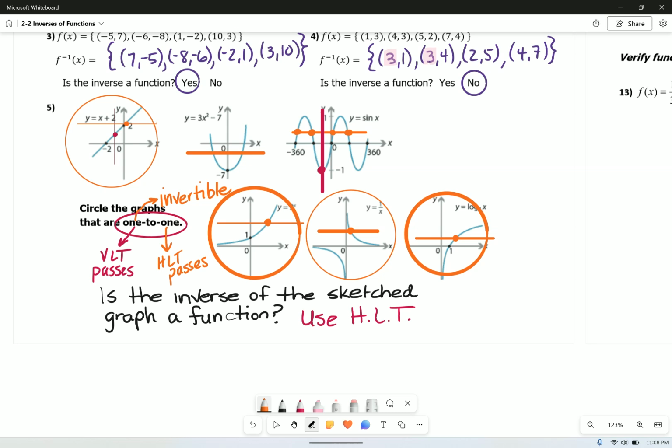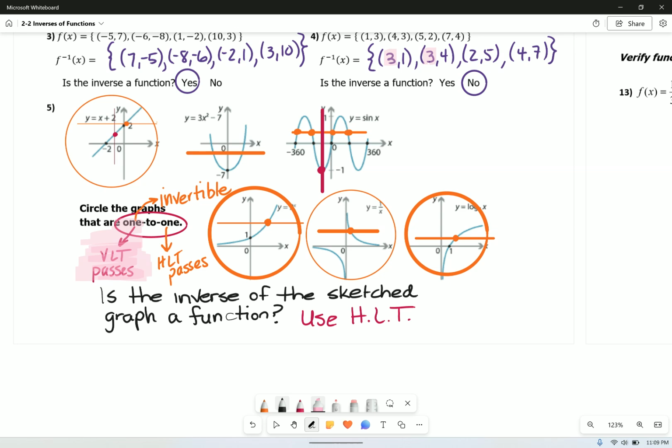Okay? So please recognize, though, when you use the horizontal line test, it has to pass the vertical line test first. So if it fails to be a function in the first place, if you don't get one intersection using the vertical line test, there's no need to even continue with the problem.